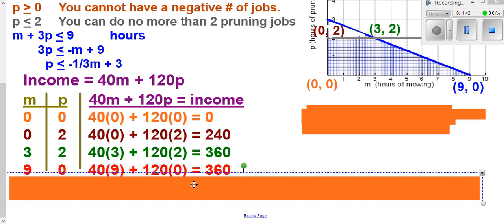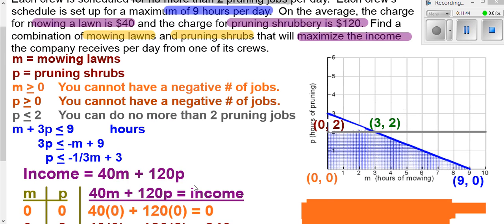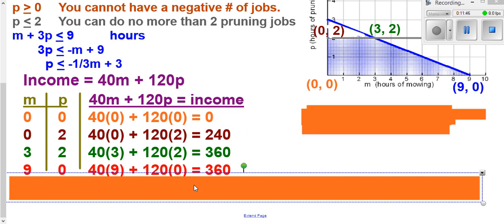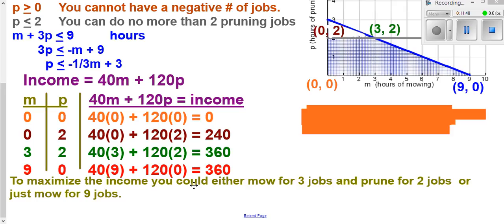So, we're looking for the maximum income. Well, our maximum income is the largest, which is 360. And in this case, that can be accomplished 2 different ways. So you're going to say your maximum income is 360, from either 3 mowing jobs and 2 pruning jobs, or from just 9 mowing jobs.